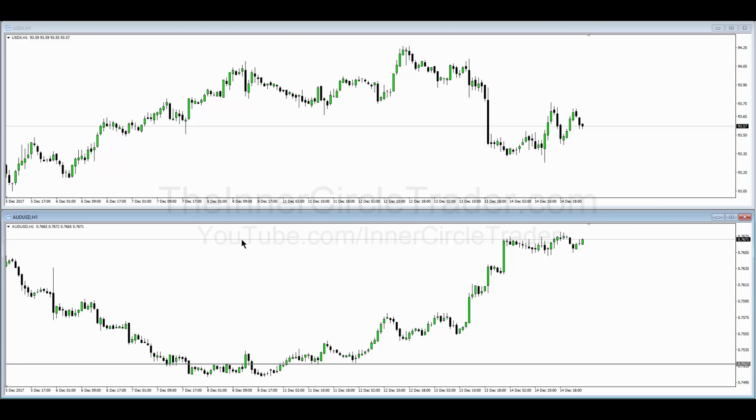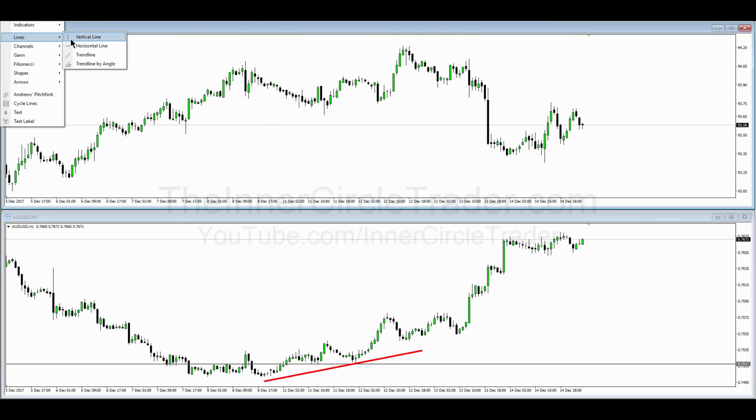If we draw a straight line down from that, we're going to reference this low. And if we draw a straight imaginary line from this high straight down, that represents this low. So what we have is a graphic depiction of real accumulation in the Aussie.